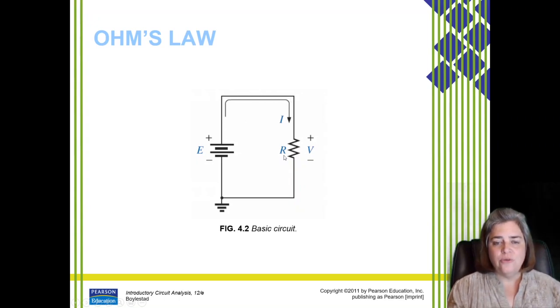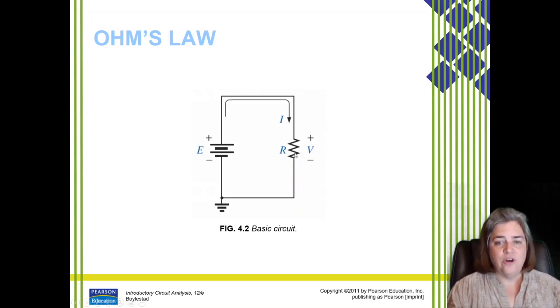The resistor is going to resist that current flow and control the amount of current that we see through the circuit. And that current going through my resistor will lead to a drop in voltage from this point to this point. Remember, voltage is a difference in potential between 2 points.